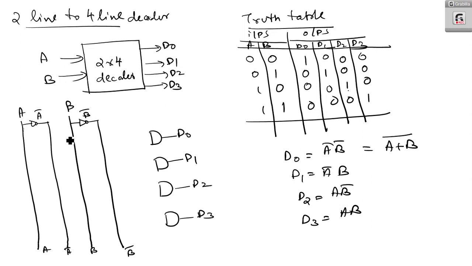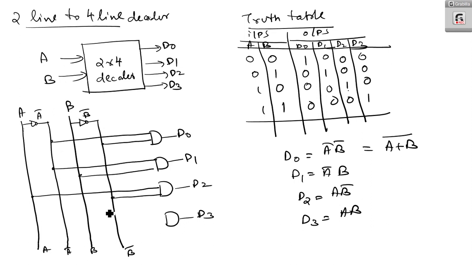D0 is A bar B bar. D1 is A bar B: A bar is here, B is here. D2 is A B bar. D3 is A and B. So this is basically a 2-line to 4-line decoder.